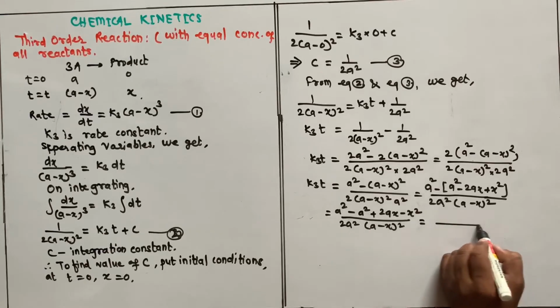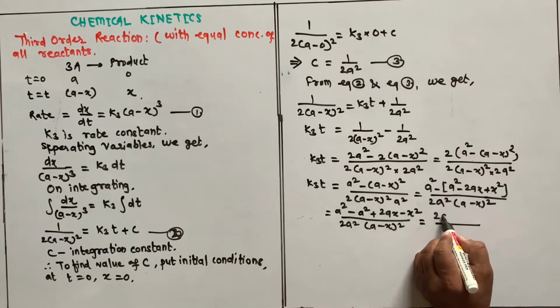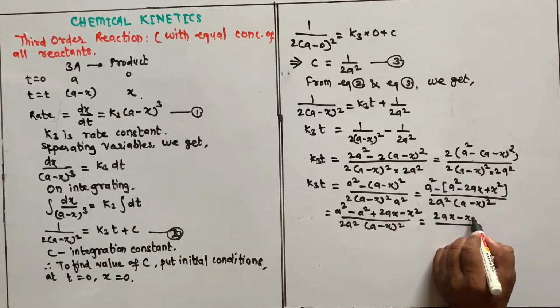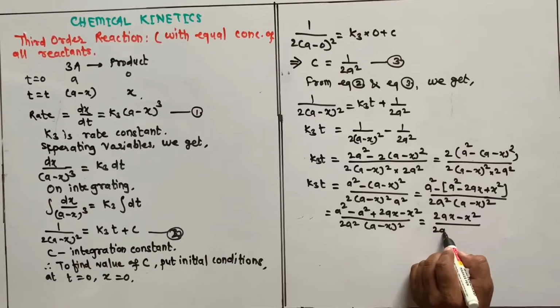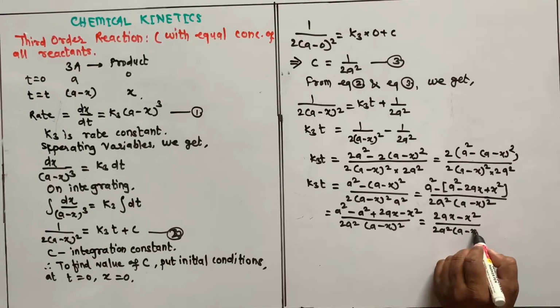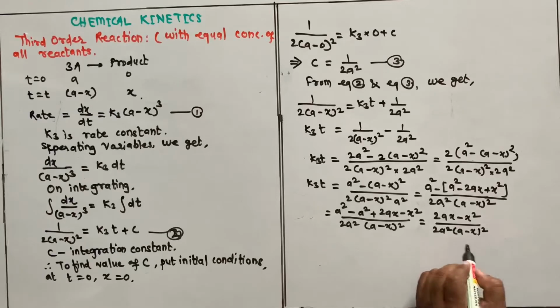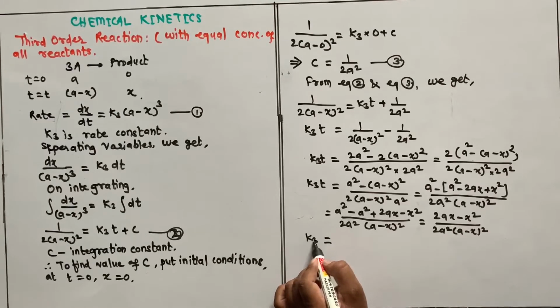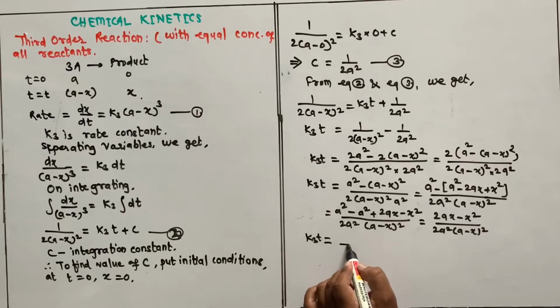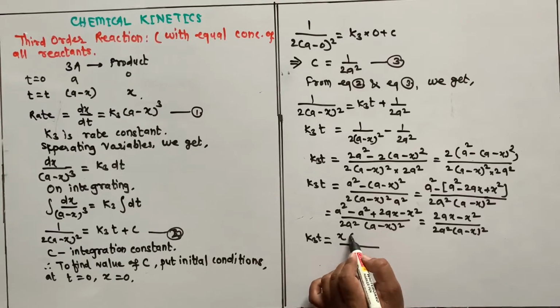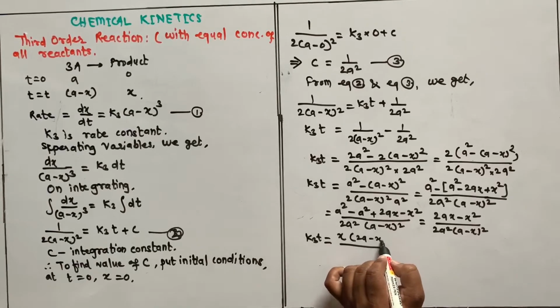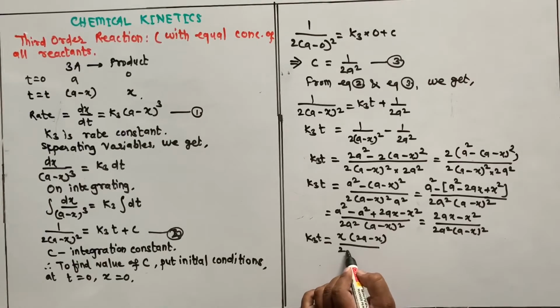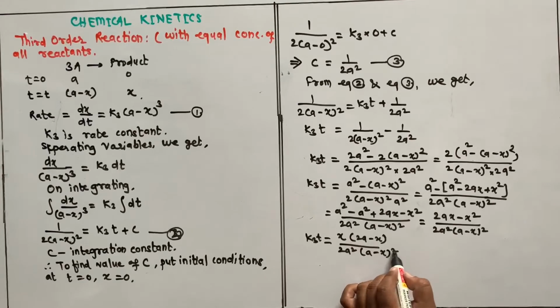Then we get 2ax minus x square divided by 2a square into (a minus x) square. Now take this x common, then it will be x in bracket (2a minus x) divided by 2a square into (a minus x) square.